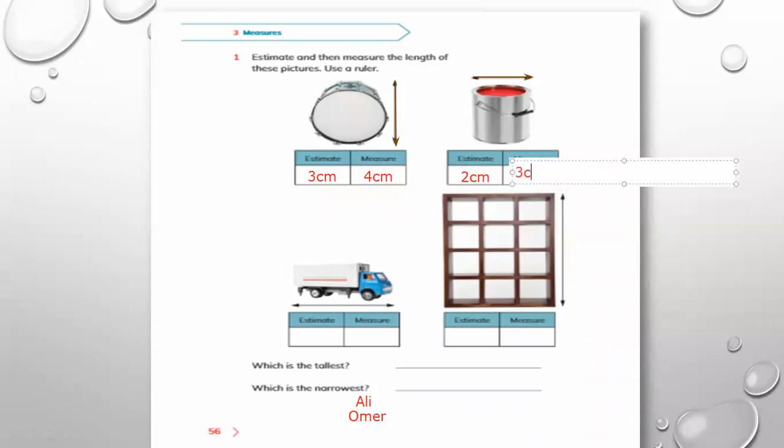Estimate: I will say it is 6 centimeters, just making a guess. But let's use the ruler.